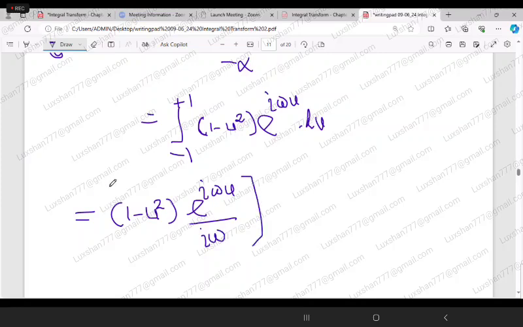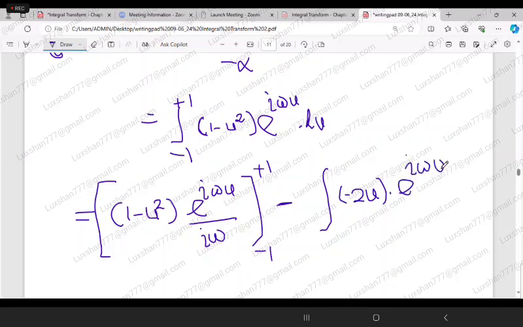So we have to put the limits -1 to +1, minus the integration of the differentiation of this one, that is -2u, into the integration of this one, which is e to the power i omega u over i omega.